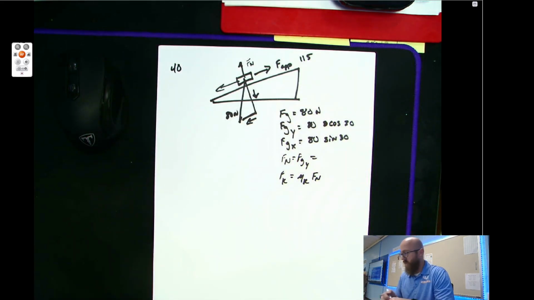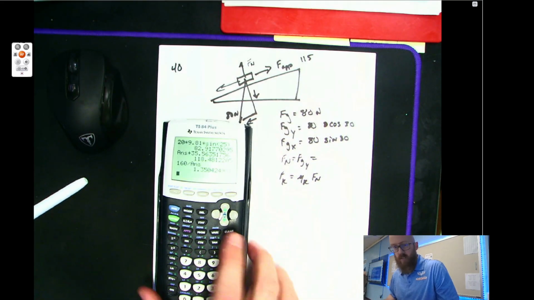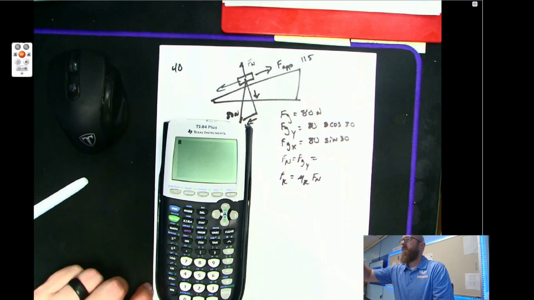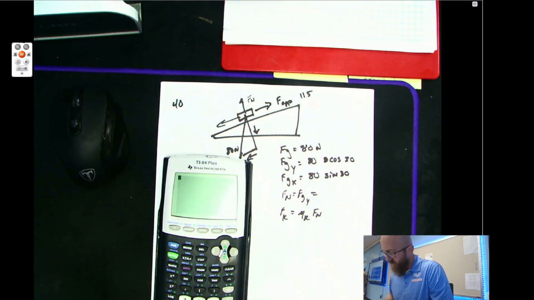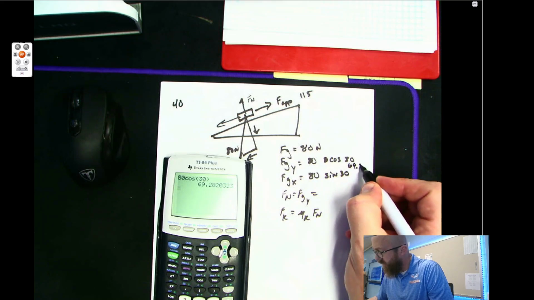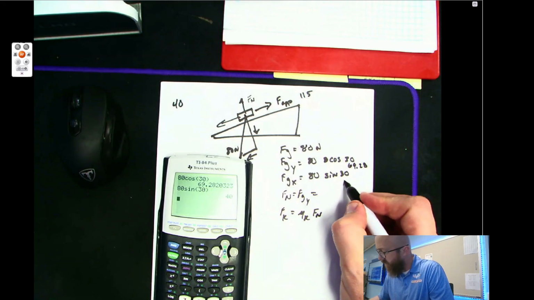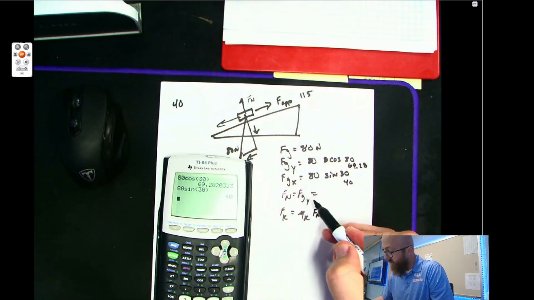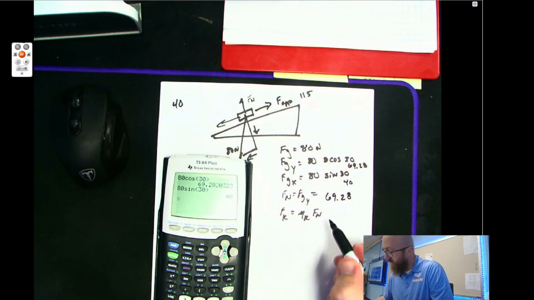Let's put some numbers to this thing. So 80, what was the cosine of 30? 69.28. 80 times the sine of 30 is 40. F of G of Y is 69.28.